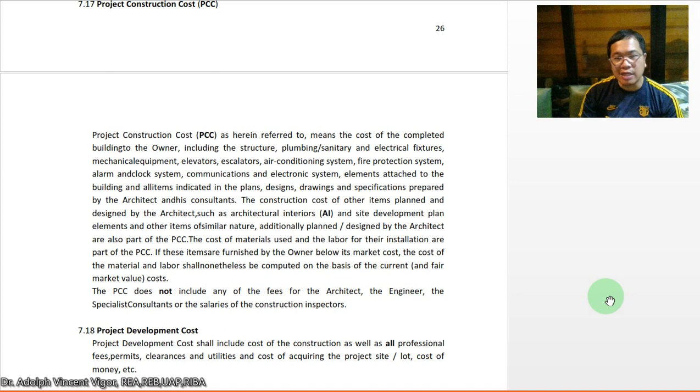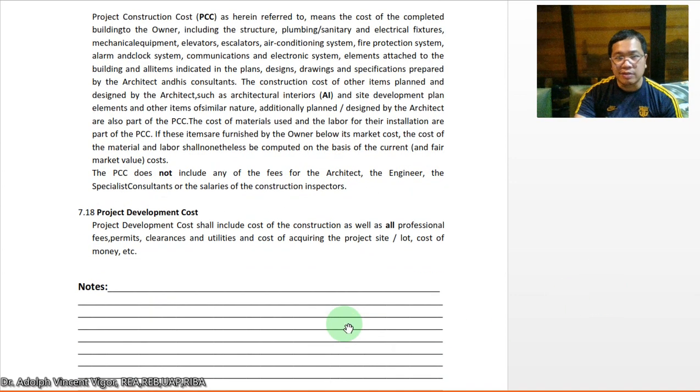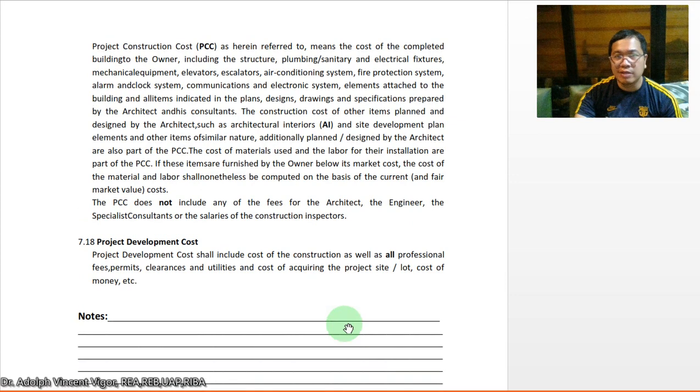If these items are furnished by the owner below its market cost, the cost of the material and labor shall nonetheless be computed on the basis of the current and fair market value cost. The PCC does not include any of the fees for the architect, the engineer, the specialized consultants, or the salaries of the construction inspectors. So we have here the project development cost.